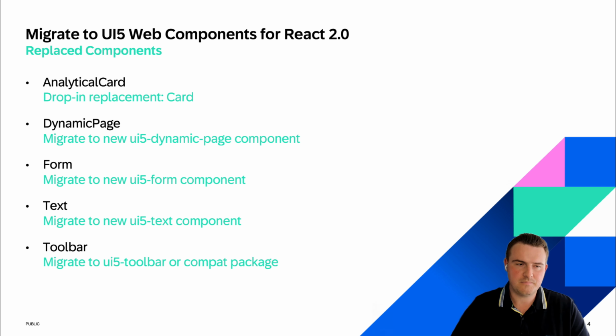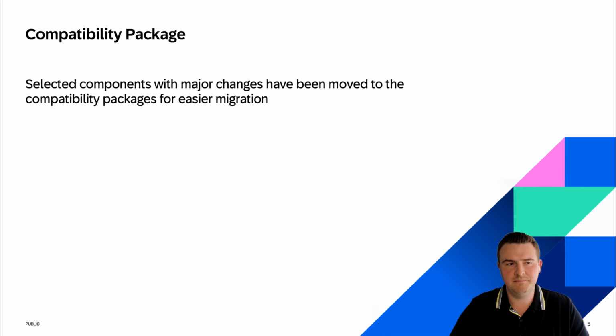Talking about compatibility, we have compatibility packages available for both UI5 Web Components and UI5 Web Components for React. Selected components with really major changes have been moved there, so that you can migrate your application to V2, but for those selected components, stay on the V1 logic just to make sure there are not too many changes at once in your application.